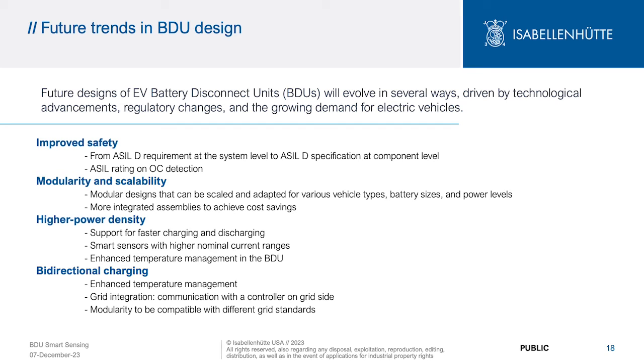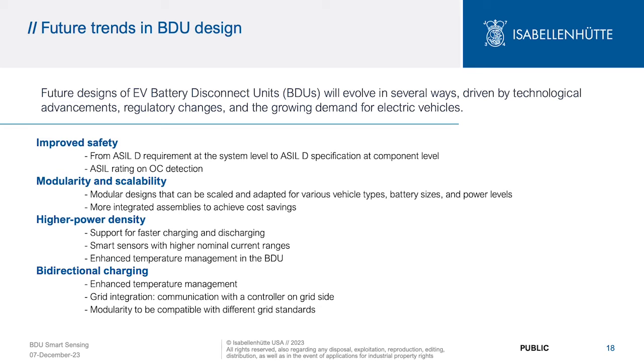Then there are the internal resistances of the BDU components. A shunt current sensor obviously has an internal resistance because it's a low ohmic resistor. And even relays have an internal resistance. And all these resistances produce heat.